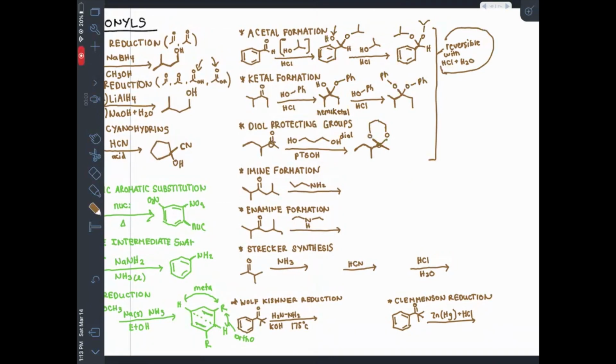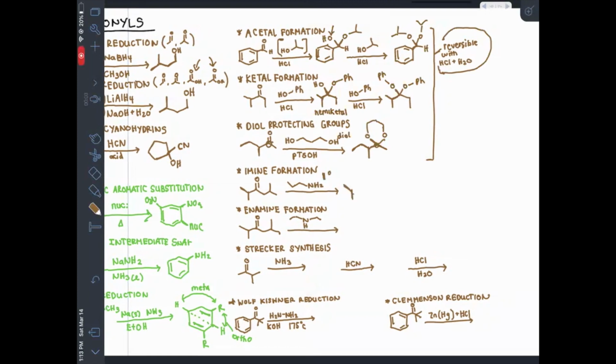Last few reactions, we have imine formation. So with imine formation, the main difference is we're taking a primary amine and reacting it with a carbonyl. And so in this case, we're going to replace that carbonyl with a double bonded N, and then we're going to add the carbon group.